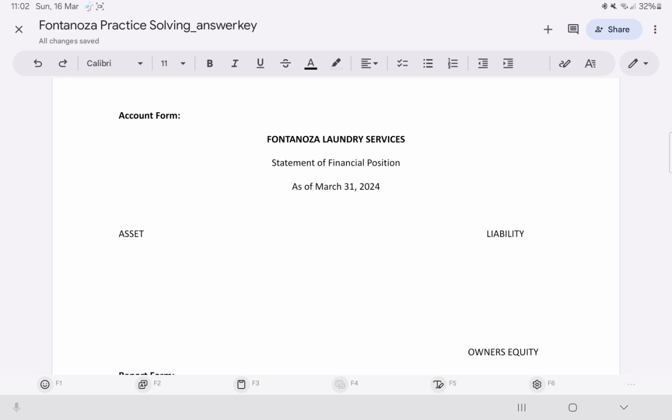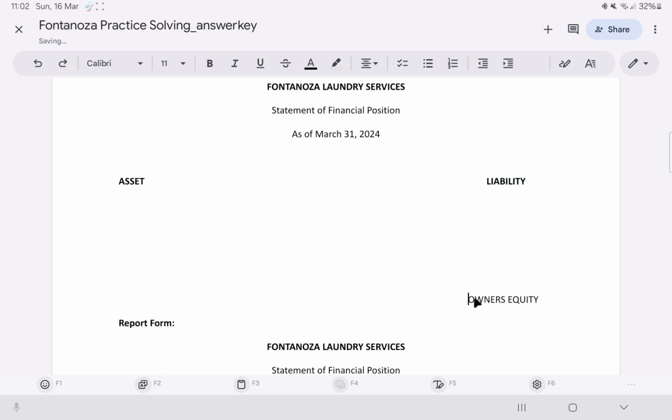In the account form, the assets are in a horizontal order, wherein the assets are positioned on the left side and the liabilities are positioned on the right side, and under the liabilities is owner's equity. And remember, assets equals liabilities plus owner's equity.